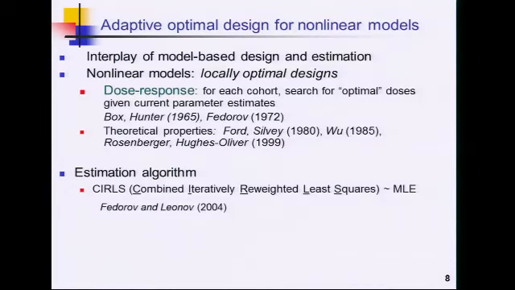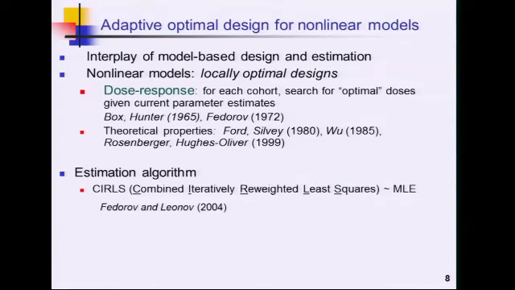As I already said, for the first group of problems, we are not stopping at finding locally optimal designs. We are creating adaptive designs. And for the adaptive designs, we have to combine together two steps, the design step and an estimation step. For nonlinear models, as you all know, the variance covariance matrix depends on unknown parameters, which we in principle do not know at all.